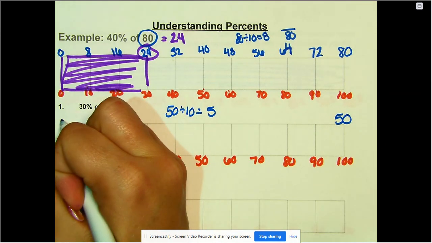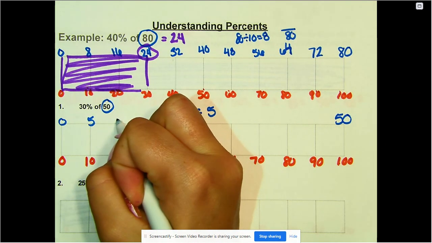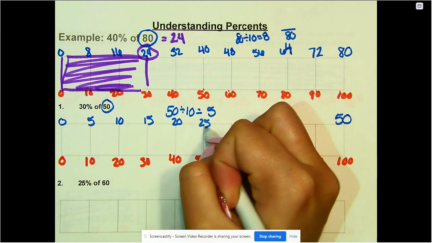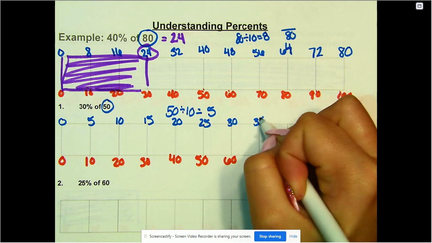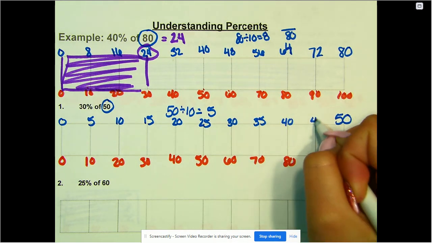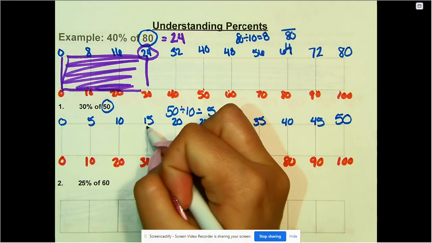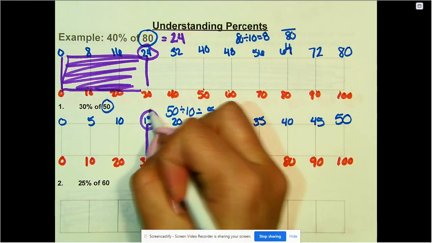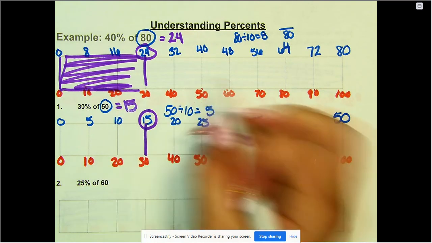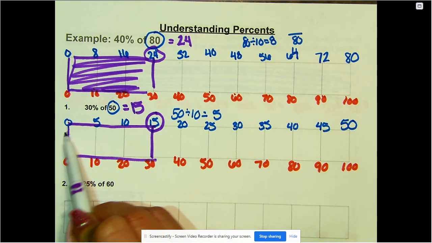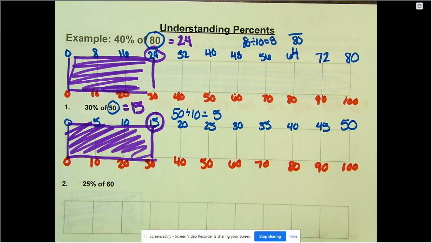Okay, so it would be 0, 5, 10, 15, 20, 25, 30, 35, 40, 45, and then 50. Okay, so then 30% of that you would hit at the 30 mark. So 30% of that is the number 15. Okay, and so then this portion right here would be shaded.